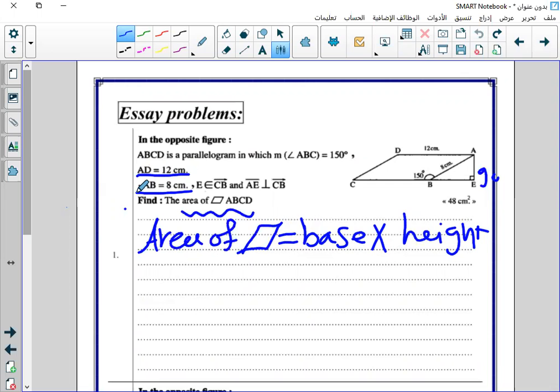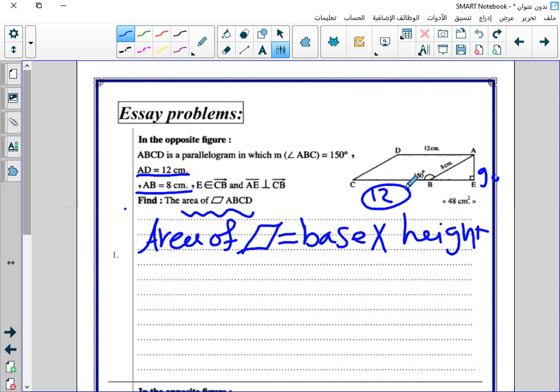BC should also be 12 centimeters. BC equals what? 12 centimeters. Okay, 12 centimeters, because opposite sides are equal in length in the parallelogram. This is the base, 12 centimeters, and this is the height.